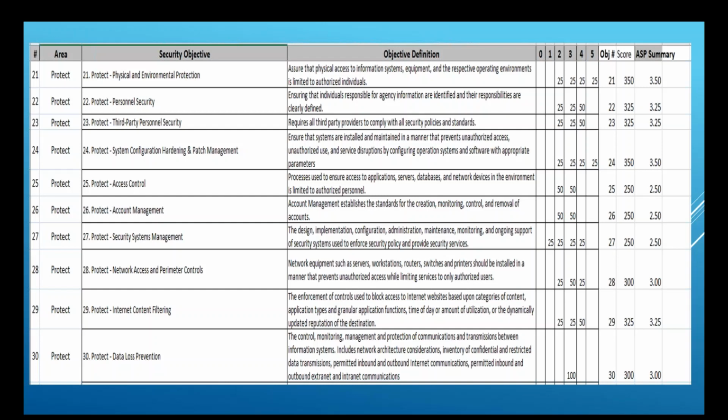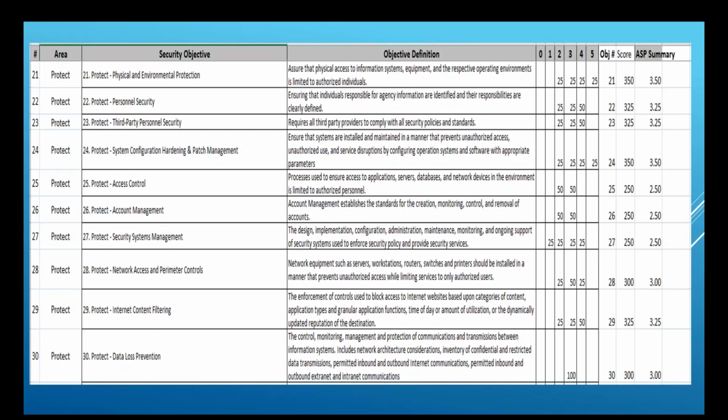They may not have to do fingerprints, but at least do background checks to make sure that people who have access to our data, according to our security policies and standards, have been vetted, and that research has been done to make sure we're doing our due diligence to protect those assets. So for third-party personnel security, I scored this in an example at 25 level 2, 25 level 3, and 50% level 4.